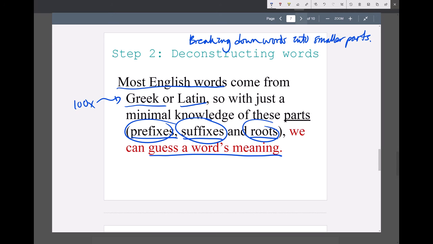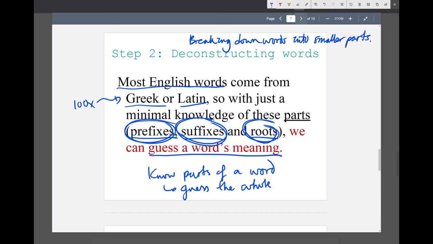So this way, if you already know some parts of the word, so let's say you know parts of a word, then you can guess the meaning of the whole word. So for example, I'll give you here, entomologist.